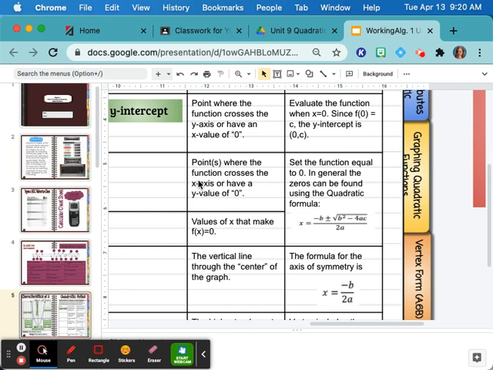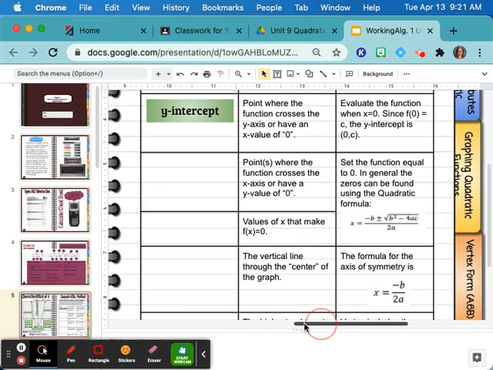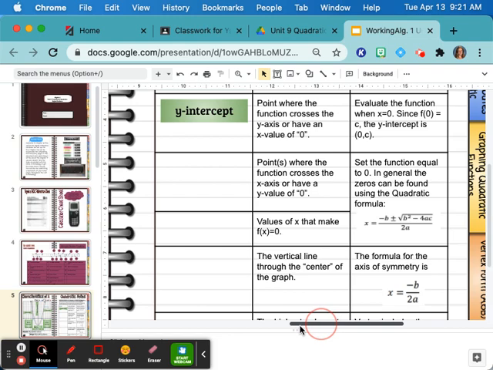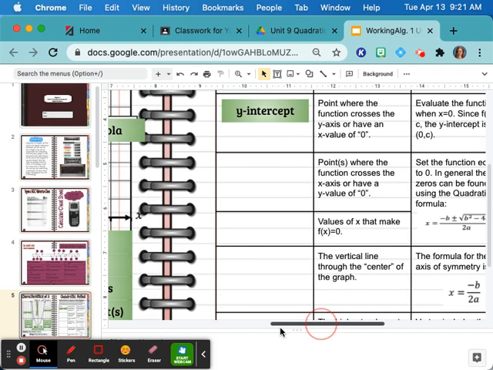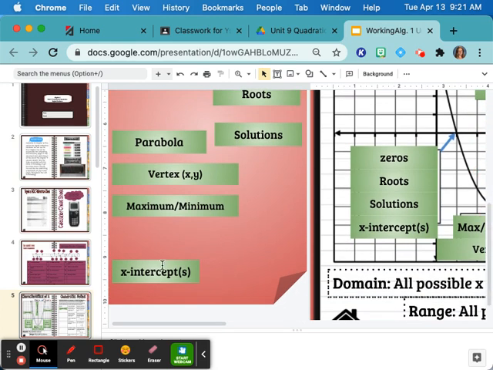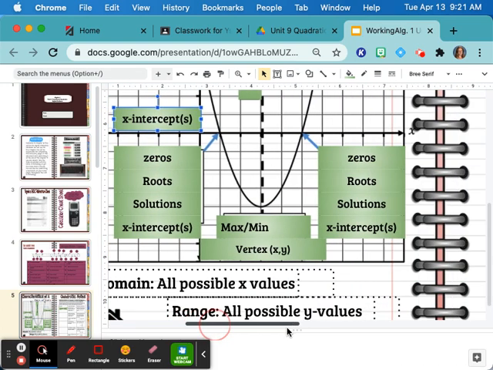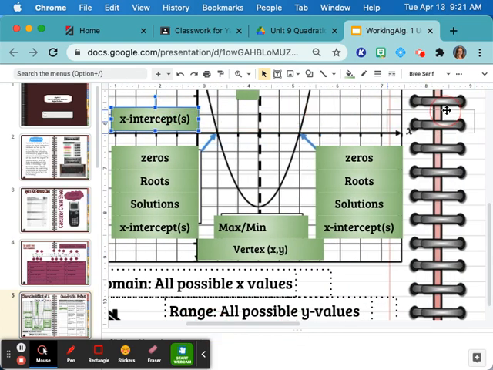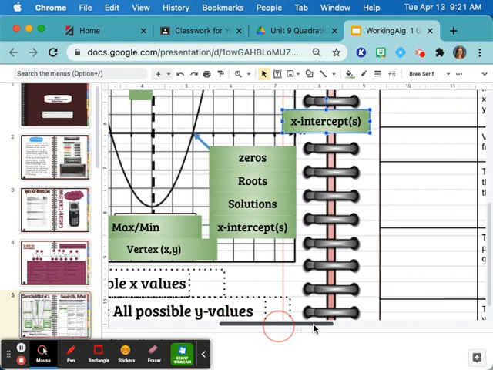And the next one, point where the function crosses the x-axis or have a y value of 0. What is that called? Point where the function crosses the x-axis. X-intercept, yeah. There could be more than one x-intercept. There could be none, or there could be 2. 1, 0, or 2.